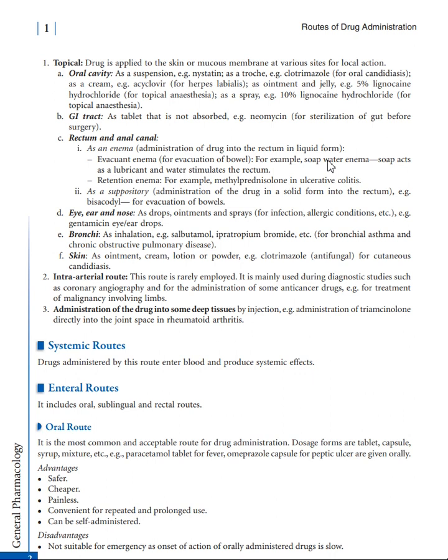For example, soap water enema, which acts as a lubricant and stimulates the rectum. Then you have retention enema, for example, methylprednisolone in ulcerative colitis. Whenever there is a condition of ulcerative colitis, the retention enemas are inserted into the rectum.